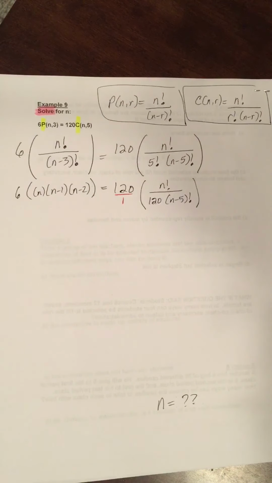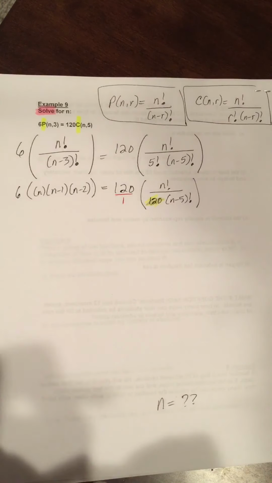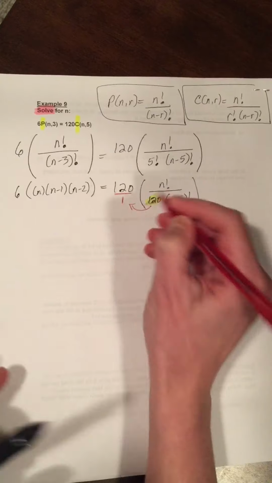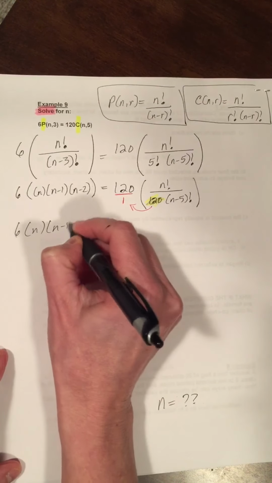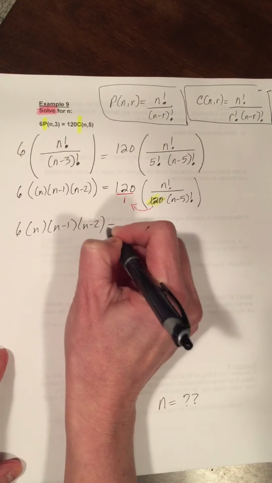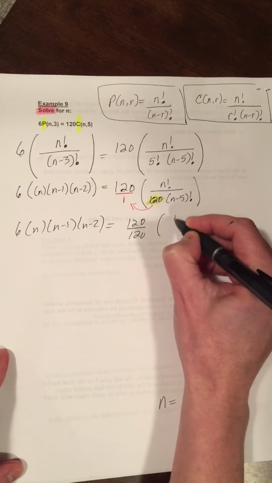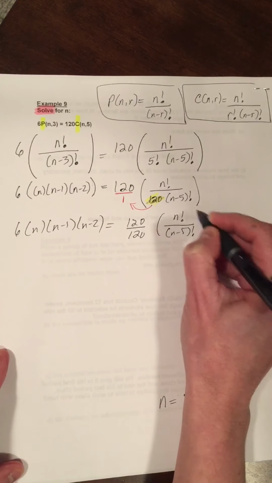Underneath that 120 is a little 1, but I also see this 120. What if I pulled that out? And let me show you what I mean. 120 over 120, all multiplied by n factorial over n minus 5 factorial.